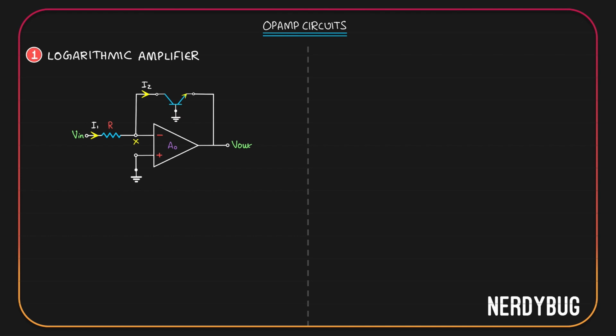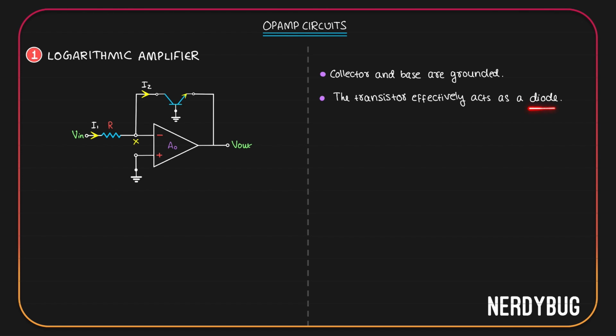Now, we already saw that the collector and base of the transistor are grounded. They are both at zero potential. That means the collector and base are technically connected. We are only using the base emitter junction in the circuit. And the base emitter junction is technically just a PN junction. The transistor technically is working as a diode.